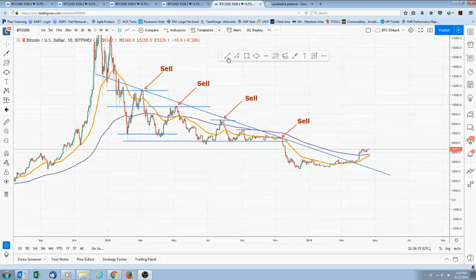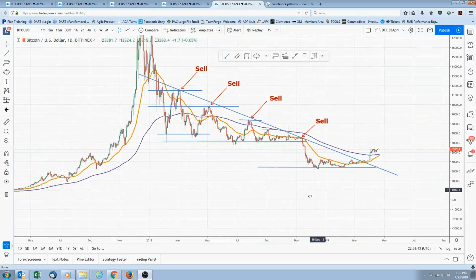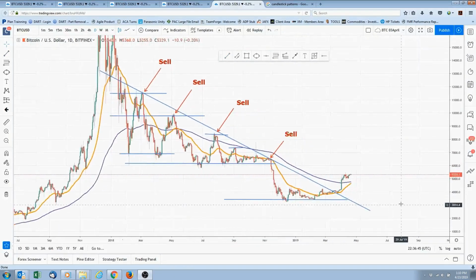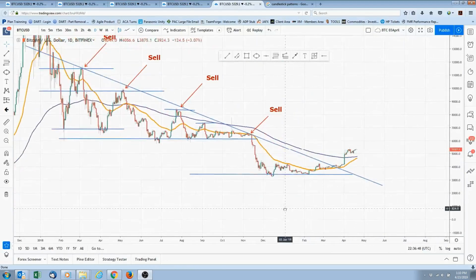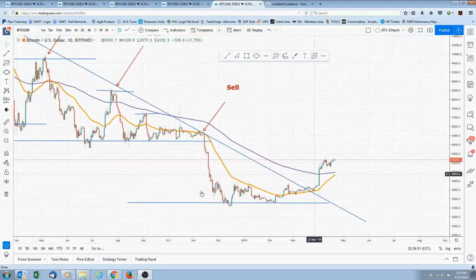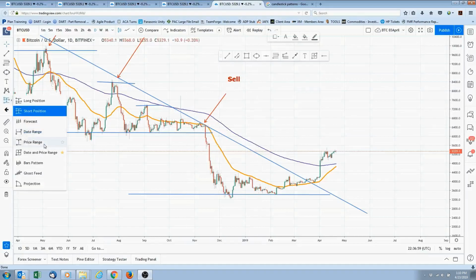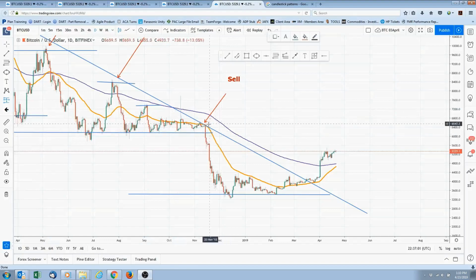I'll show you how we figure out when to sell, and the beautiful thing is how we figure out our risk to reward. What we want to do is risk very little and gain as much reward as possible. So right here, if we sell, I'm going to use a little tool. Short means sell.